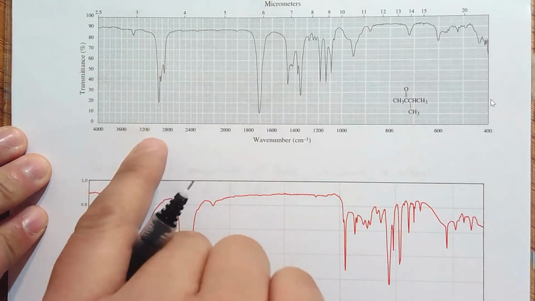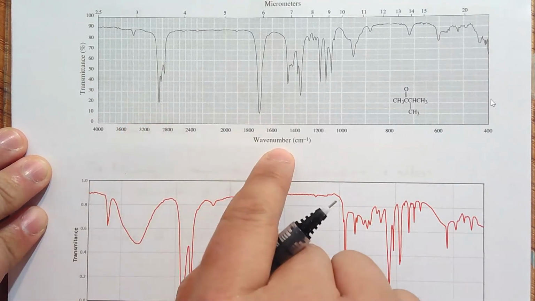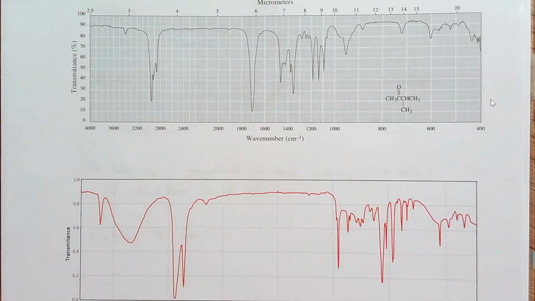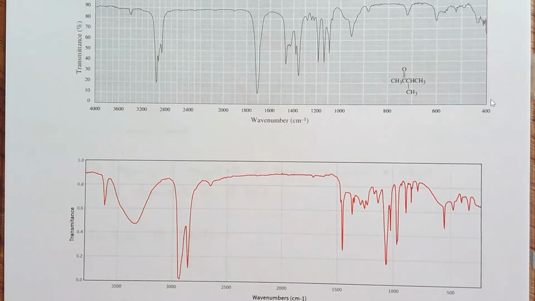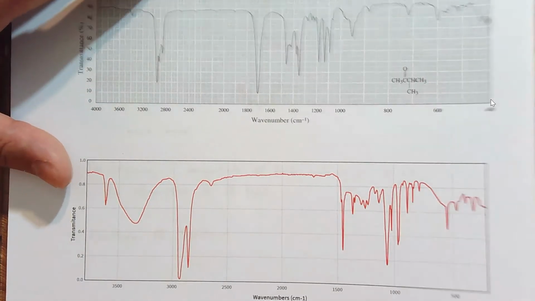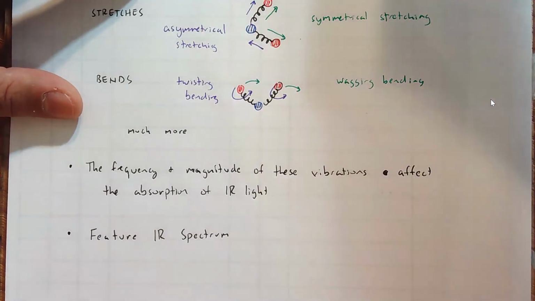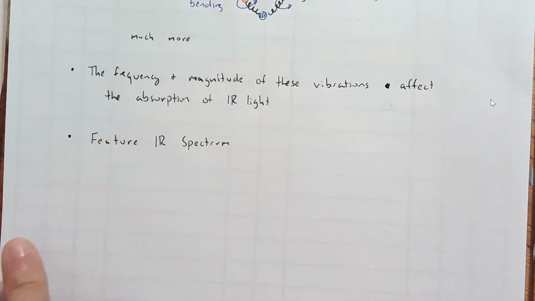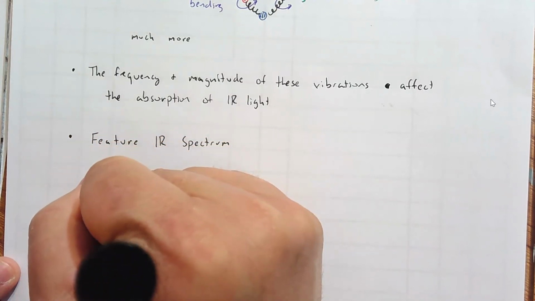Okay, so we have a signal at 2900. We'll go over what the axes are in just a bit. But I just want to show you a couple of examples, get a feel for what it looks like in real life. But when we talk about the features of an IR spectrum, why don't we draw the basic axes?